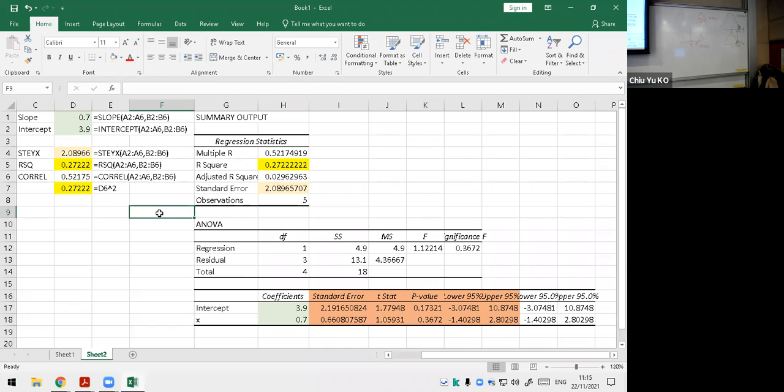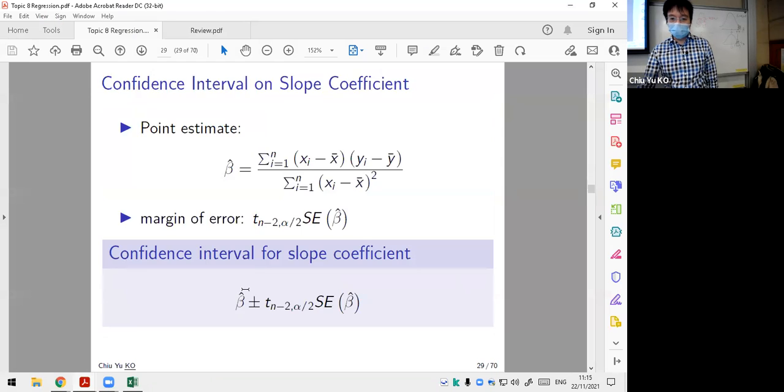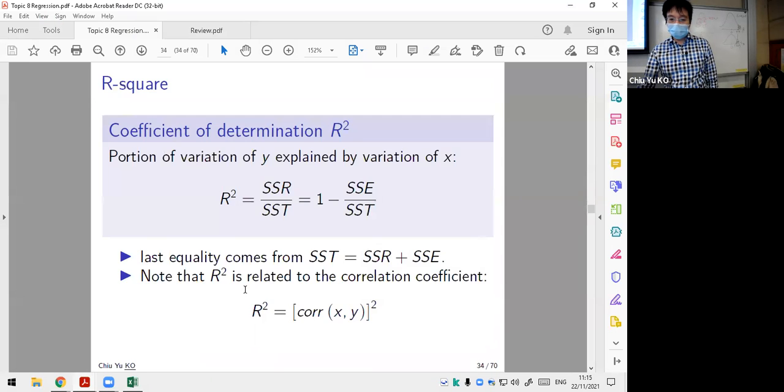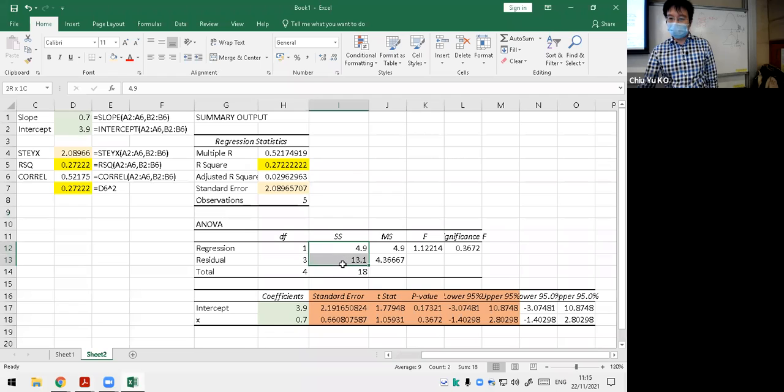Now what is left is this guy. This guy is just SSR, SST, right? This is the SSR, this is SST, this is SSE. Okay, so you can check with my slide, right? How do we get 4.9? Right? 4.9, 13.1, and 18. So it's all there. Okay. And then your degree of freedom is 1. This residual is n minus 2, which is 3.